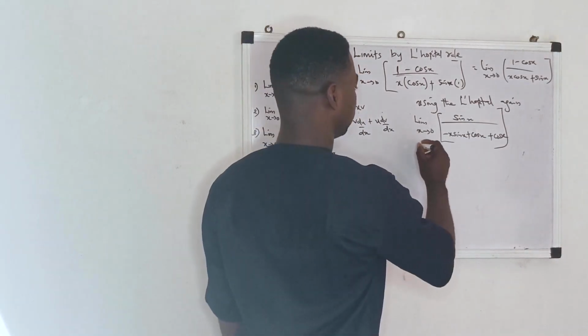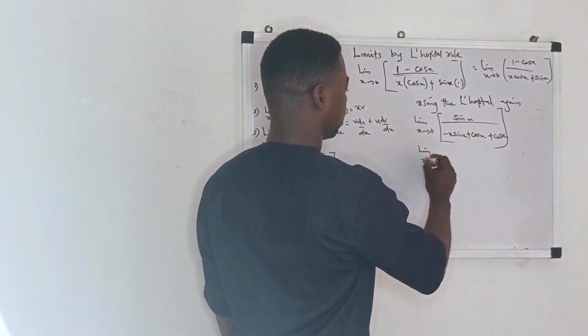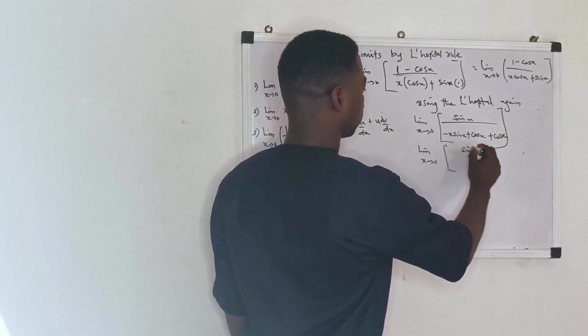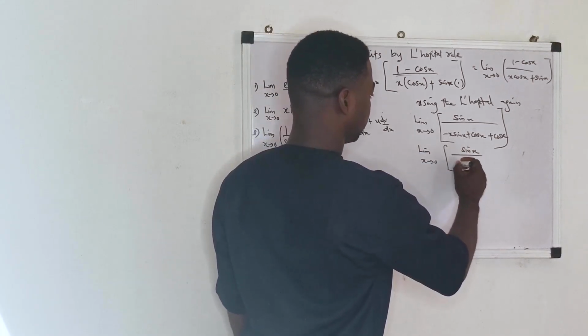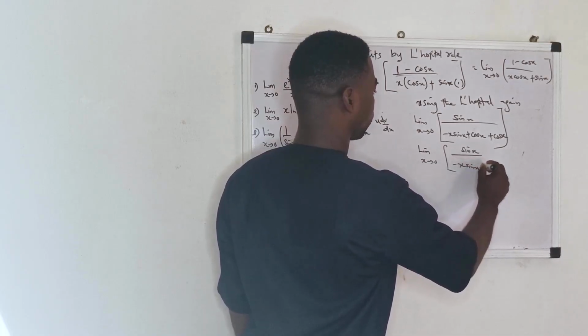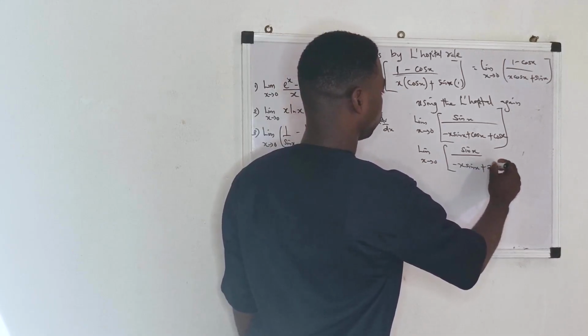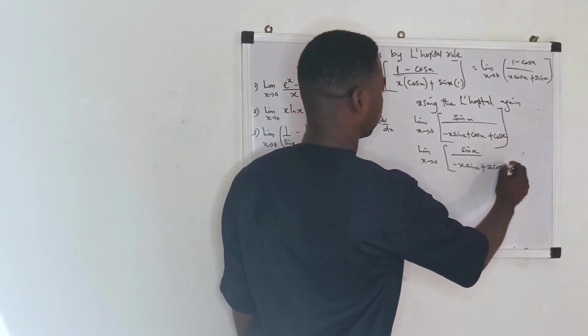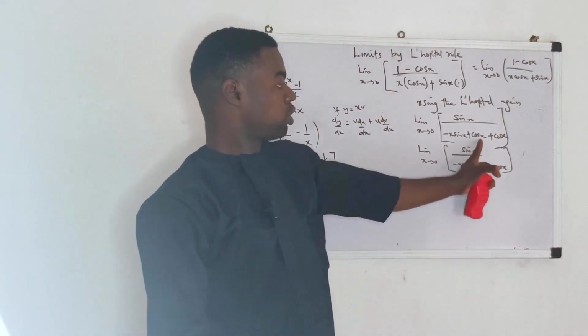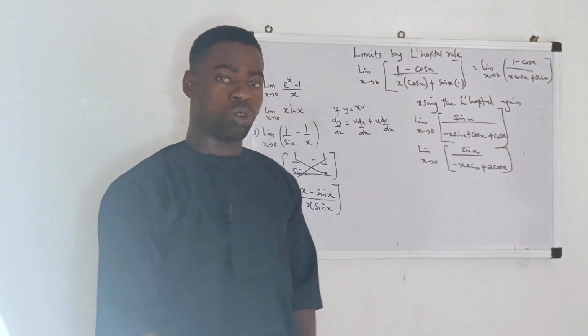So by simplifying, this is the limit as x approaches 0 of sin x divided by minus x sin x plus 2 cos x. Cos x plus cos x is 2 cos x.